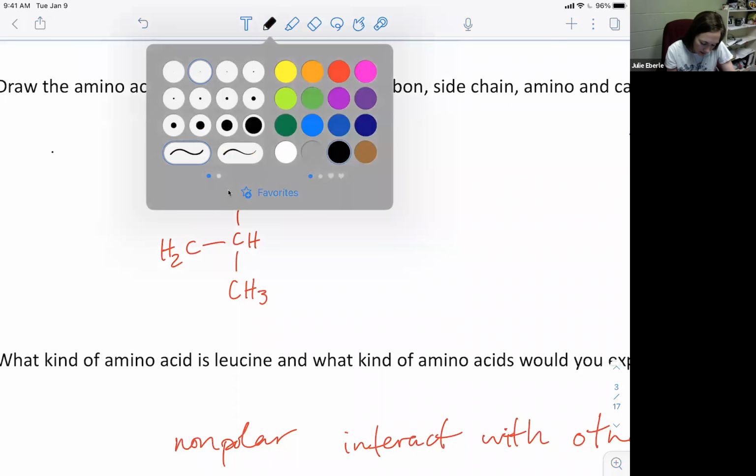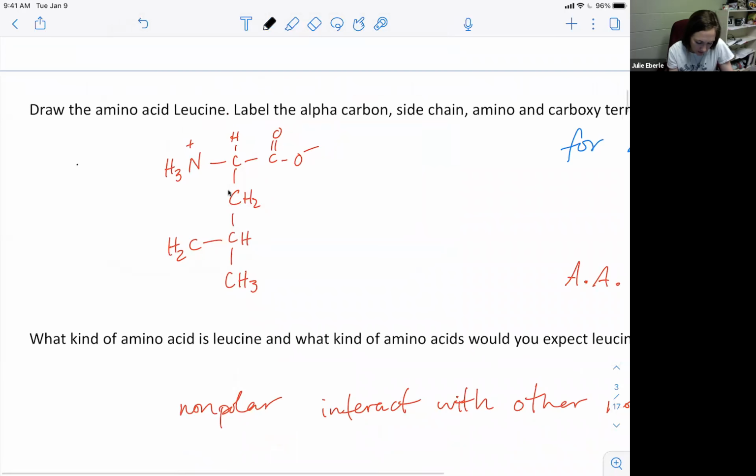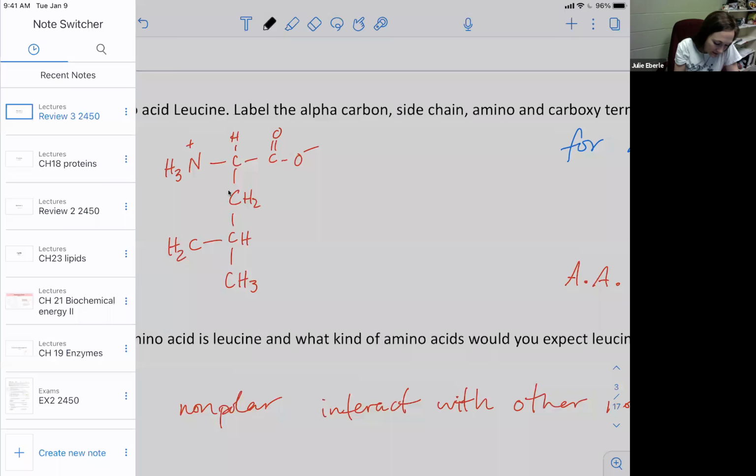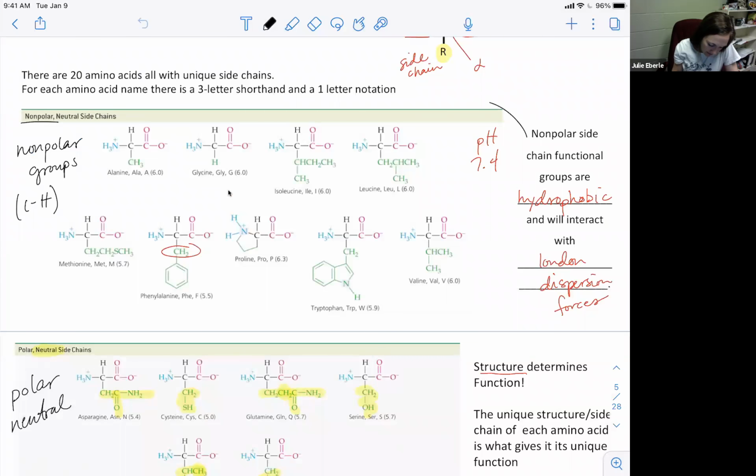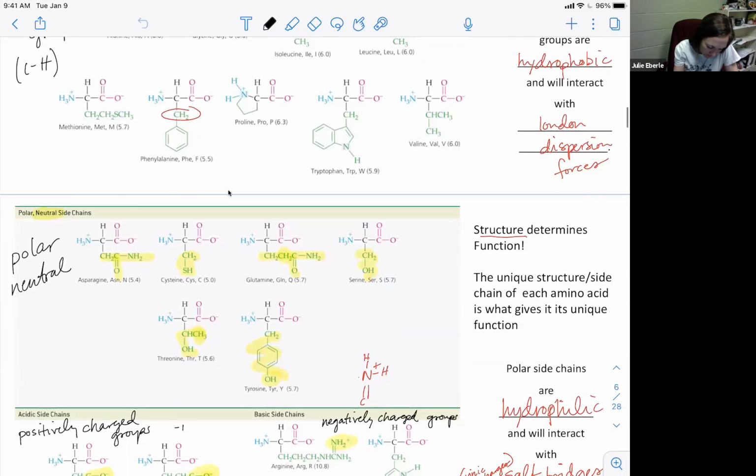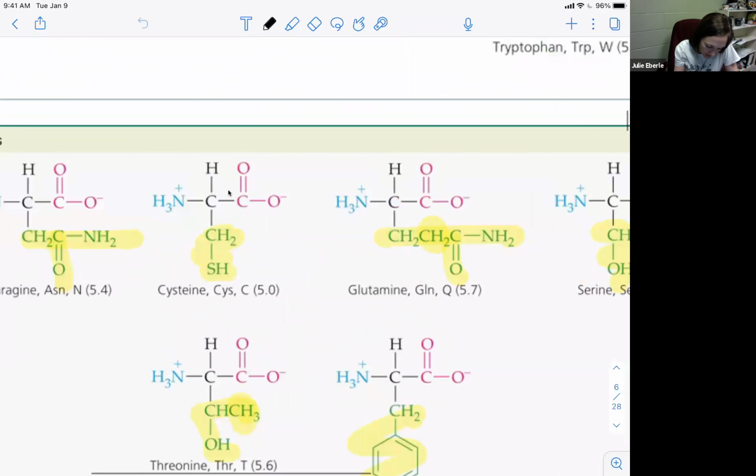I'll do cysteine in black. So what happens when you make dipeptides? So let's go find cysteine, because we've got to draw cysteine correctly, right? Well, cysteine is down here in the polar group. So there's cysteine. So we're going to draw it attached to leucine.